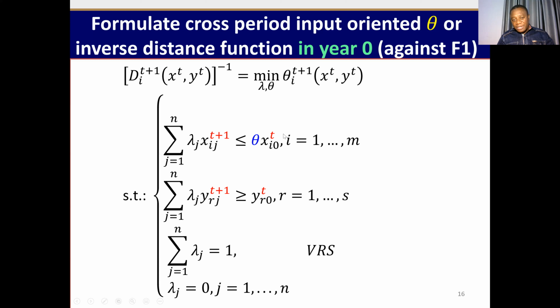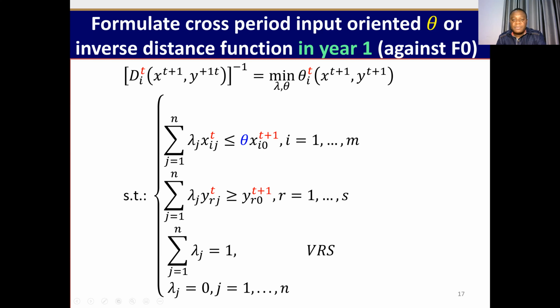Both of them are to the power t because we are measuring the efficiency of a firm in year t in relation to the frontier. The frontier is the left-hand side. And once again, because it's an input orientation, theta is multiplying the x and not the y. So that is how you would have executed this one.